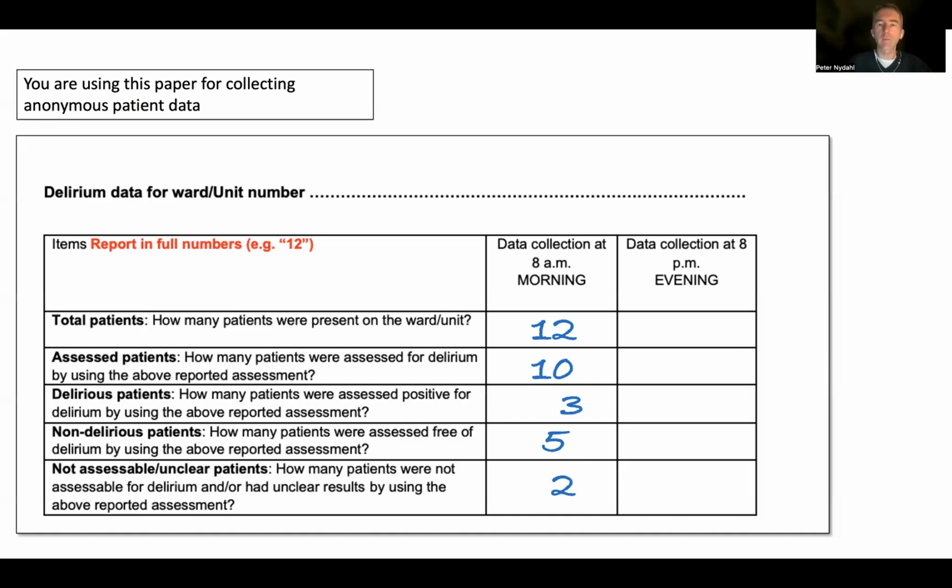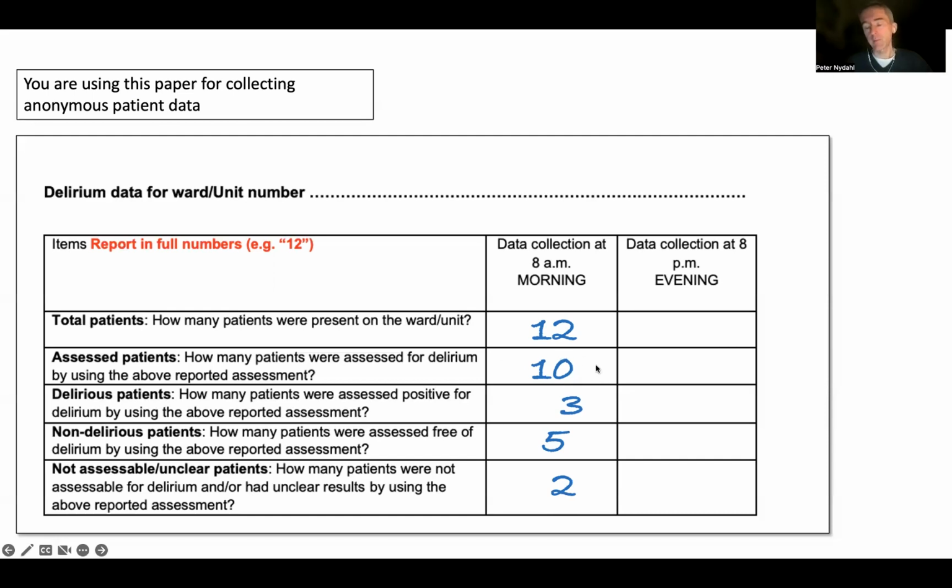And how many patients were not assessable or unclear due to deep sedation, coma, or severe dementia, where it was not clear whether it was delirium or dementia or both. In summary, 3 delirious patients, 5 non-delirious, 2 unclear must sum up to all patients who were assessed.